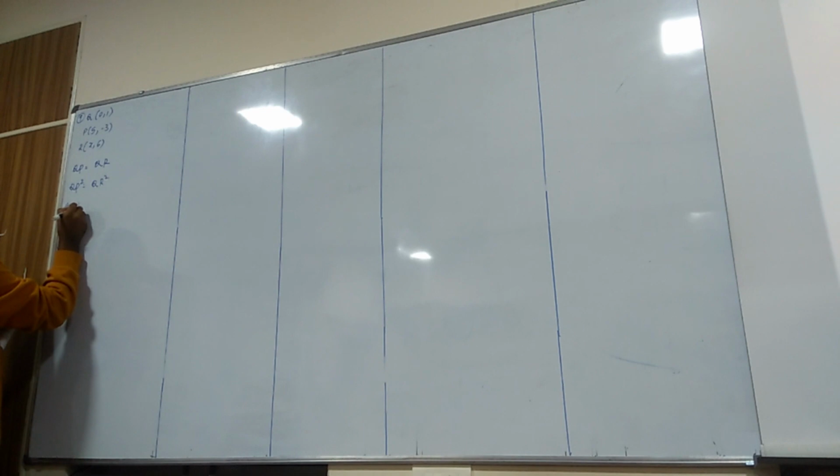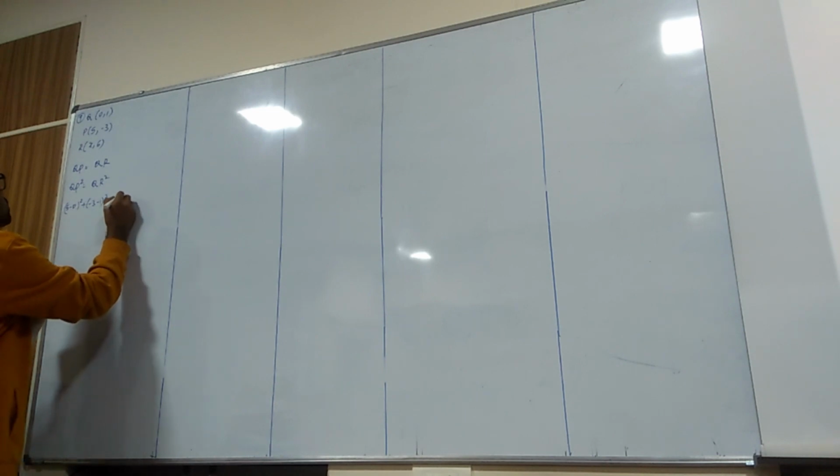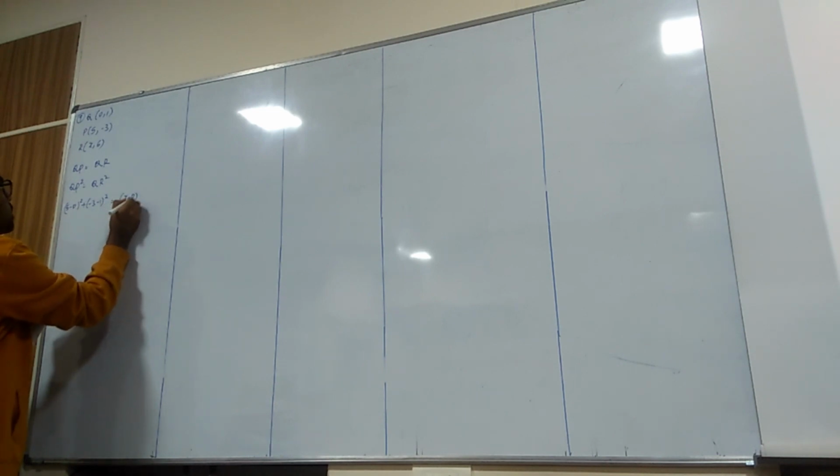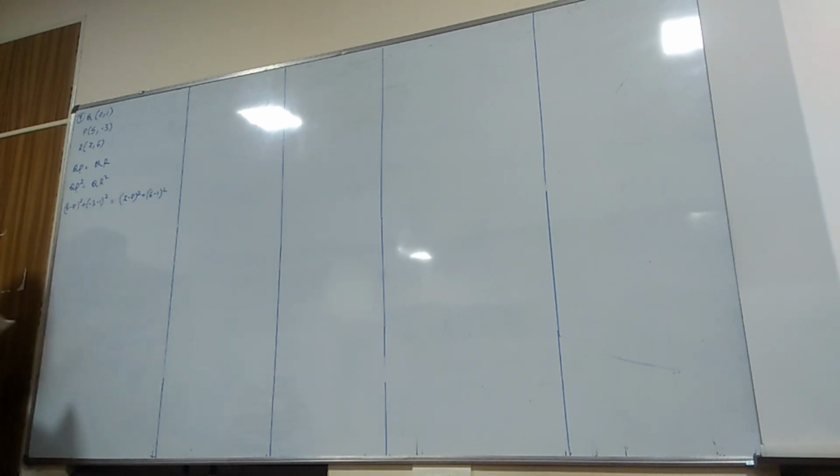(5 minus 0) the whole square plus (-3 minus 1) the whole square is equal to (x minus 0) the whole square plus (6 minus 1) the whole square. Clear? Any doubt in the distance formula? Fine.